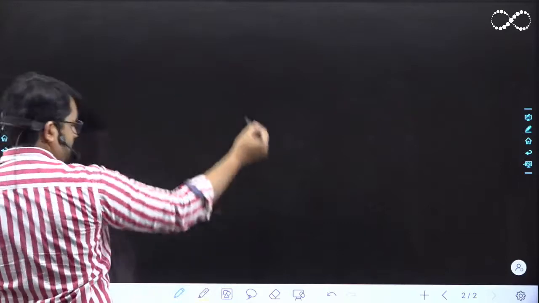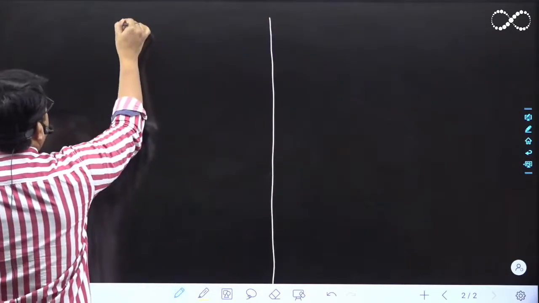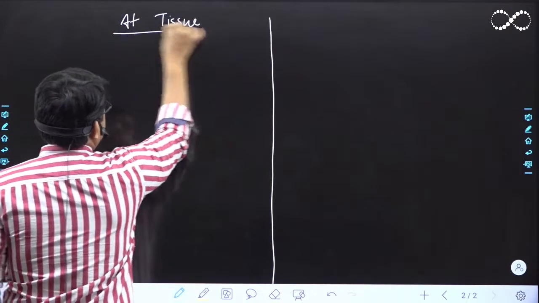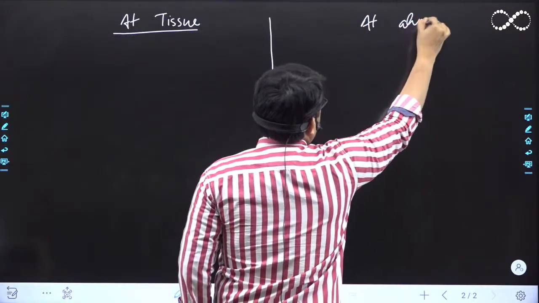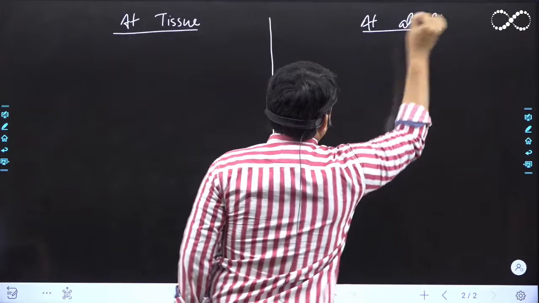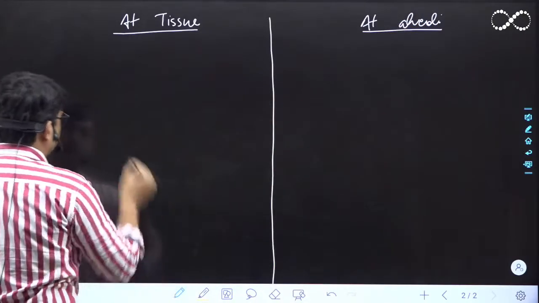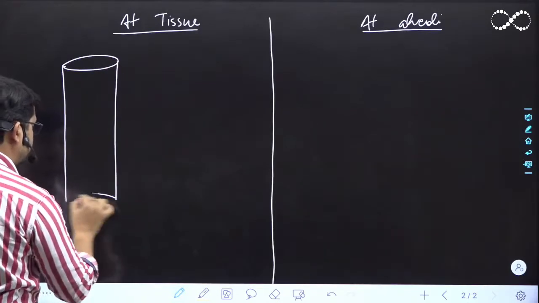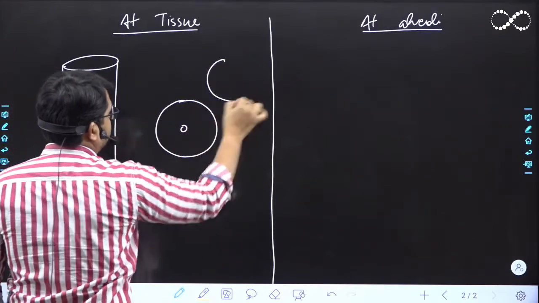Great. Look, we will see two more things here. One, we will see at tissue and second situation, we will see at alveoli. Look, at tissue what happens? At the tissue, suppose this is the blood vessel, and these are the tissue cells.